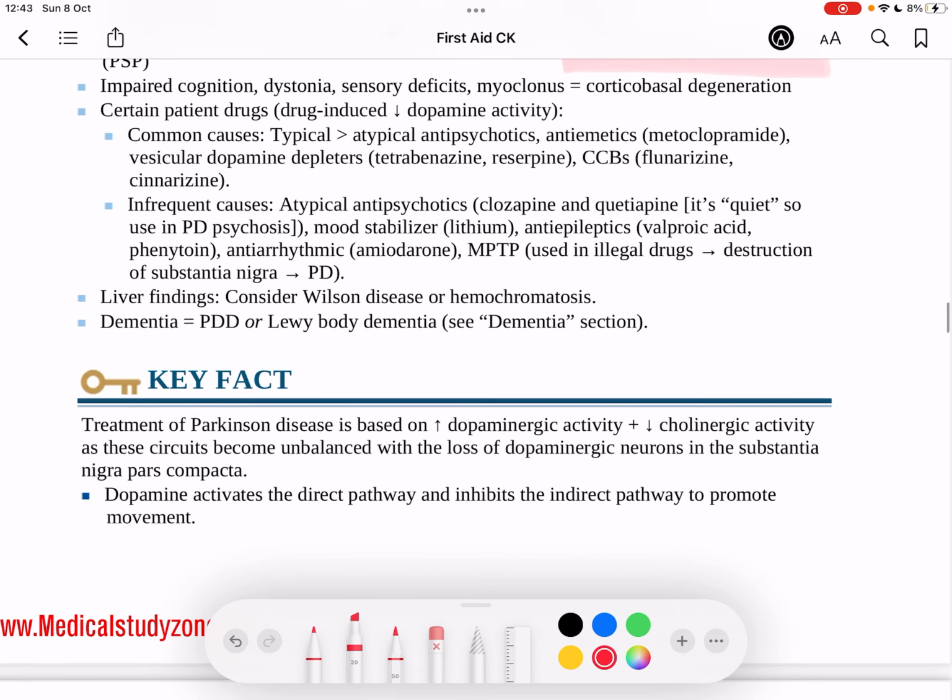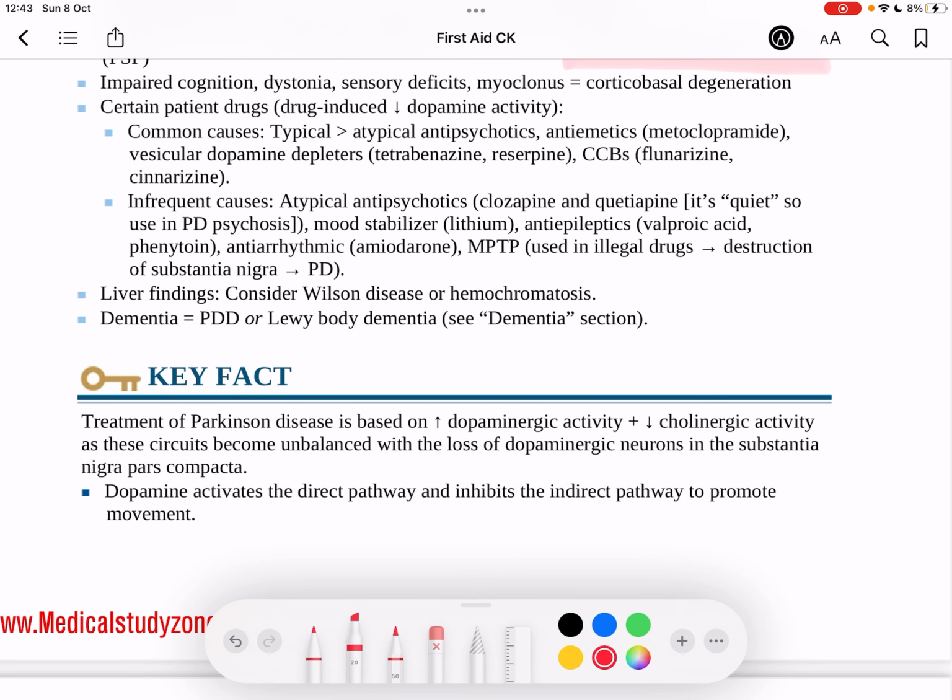We also have impaired cognition, dystonia, sensory deficits, myoclonus. This can be due to more specifically corticobasal degeneration. And also certain patients on certain drugs can get some of the Parkinson-like symptoms. Always look out for typical antipsychotics, okay? Haloperidol, fluphenazine, these sorts of drugs.